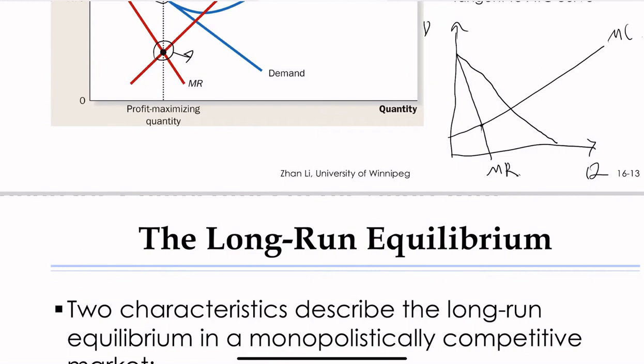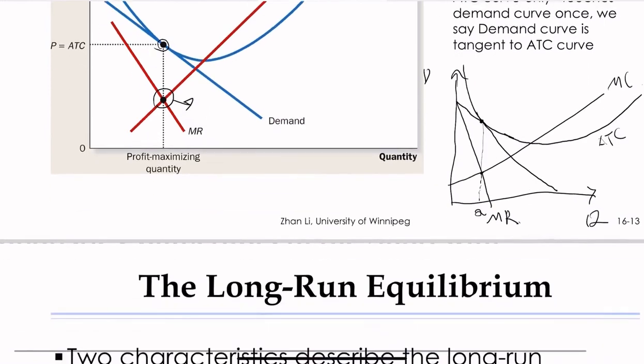So this will give you quantity and price. And then you will make sure the ATC curve just touches this point. Right? So that's how you draw this nice picture here.